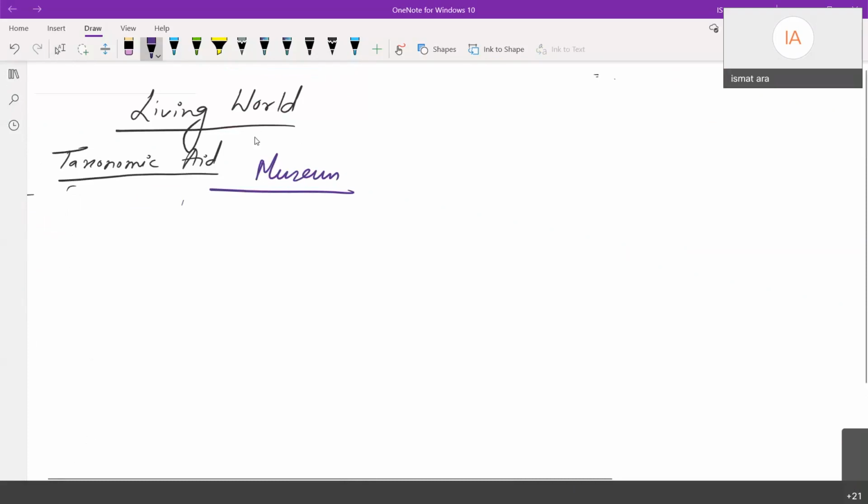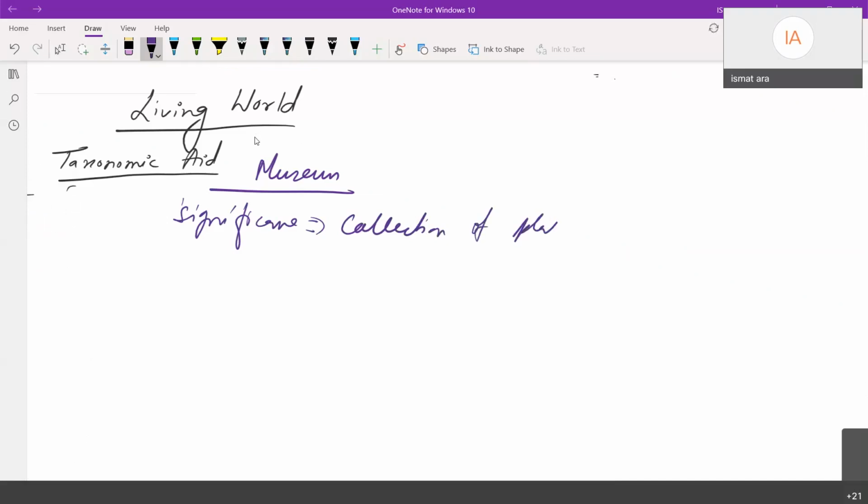What is the significance of this museum? Collection of plants and animals. And the plants which cannot be stored in herbarium, you can put in museum.